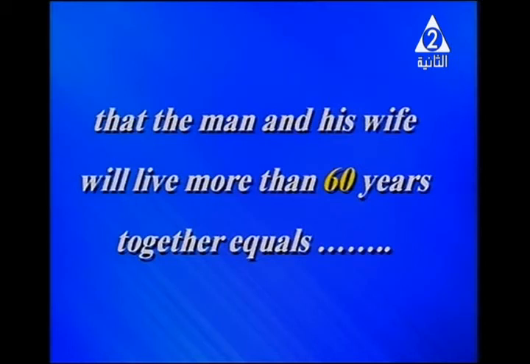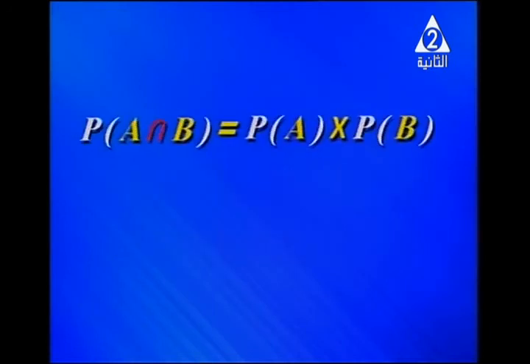What is the answer? Look, dear student, the intersection between A and B, two events expressing the man and his wife, are independent, so it equals the probability of the first times the probability of the second.